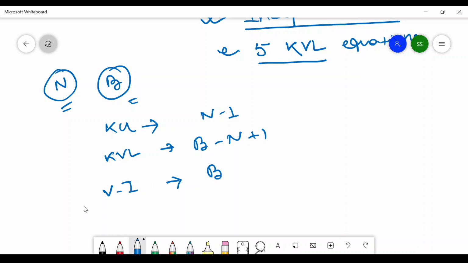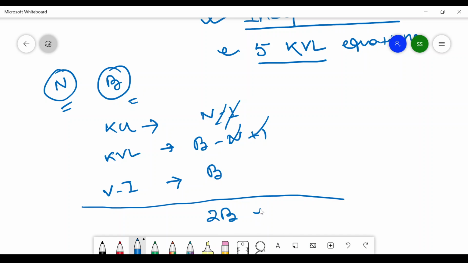If I sum all those, we get 2b equations for finding 2b parameters.